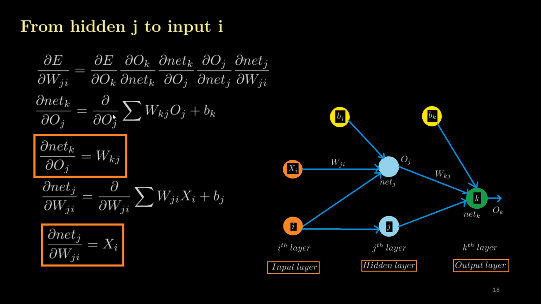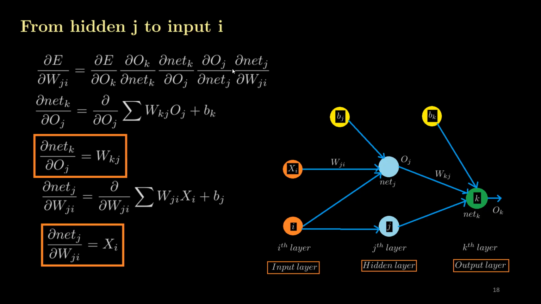Since our variable of differentiation is Oj, this Bk is a constant quantity and its derivative will be 0. Similarly, Oj with respect to Oj will give us 1. So we are left with only WKJ. The derivative of this term is WKJ.